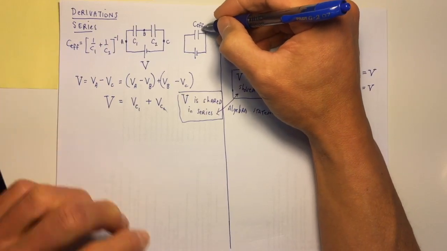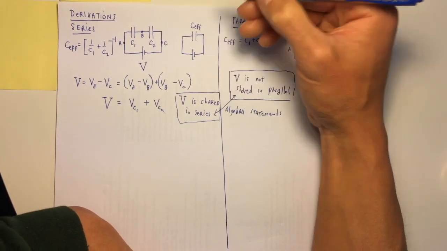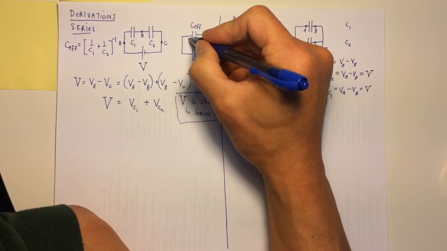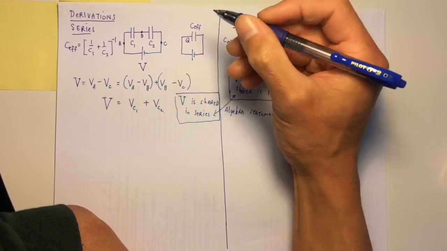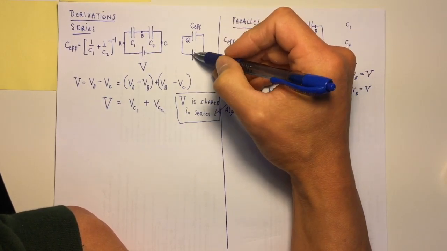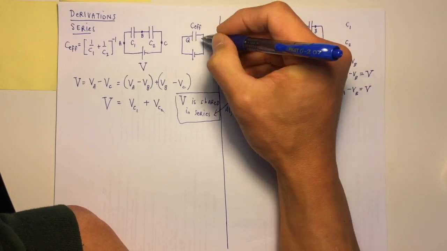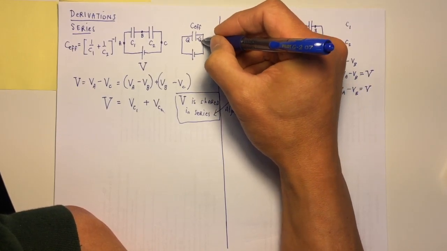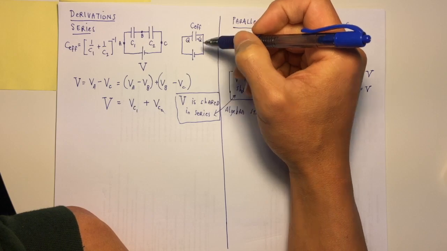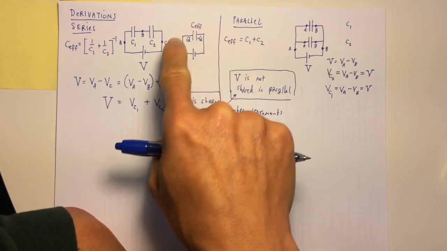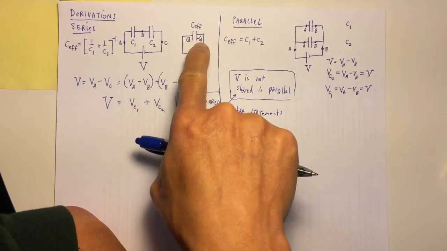What this effective capacitance is going to do is have a charge Q on the positive plate, which is connected to the positive terminal of the battery, and a charge negative Q on the other plate. This effective capacitor has a left plate and a right plate.